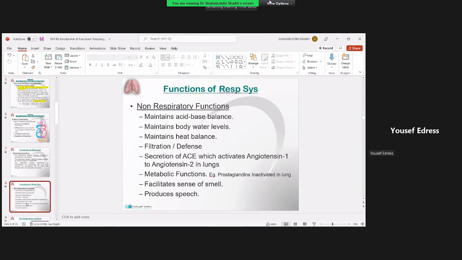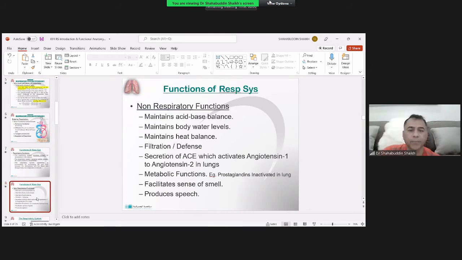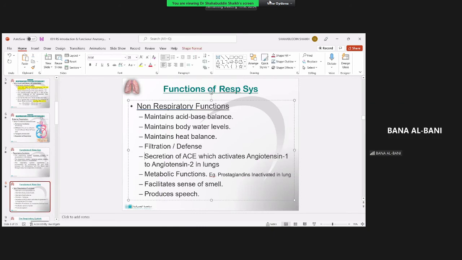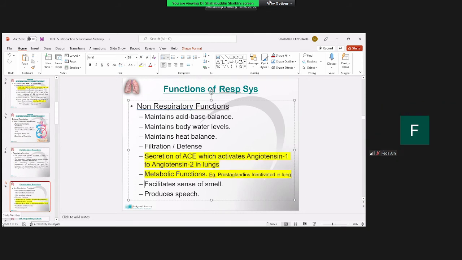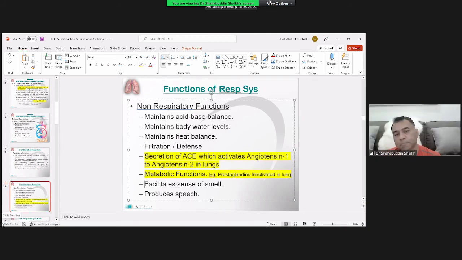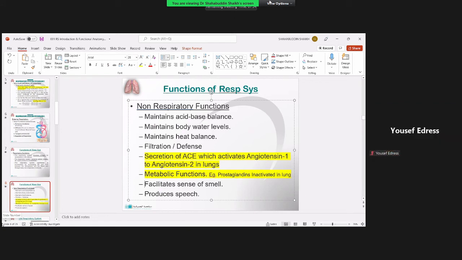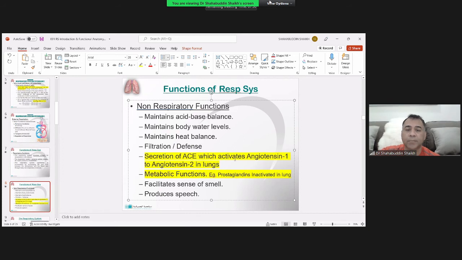Acid-base balance. Secretion of ACE, angiotensin converting enzyme, which converts angiotensin 1 to the active form, angiotensin 2. These 2 functions are very important.